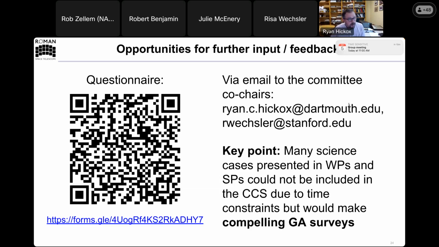Okay, so Arjun asks, is there a possibility of splitting the widest part into two fields, one in each galactic cap? Yes, absolutely. That is one of the main considerations, is where it would go. So the interesting question there is, again, to what extent do you want the widest area?